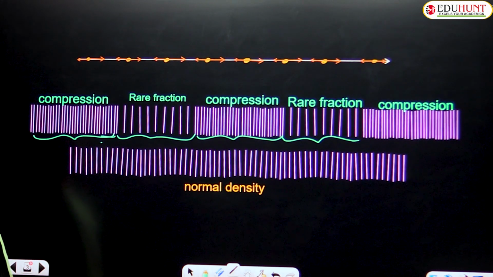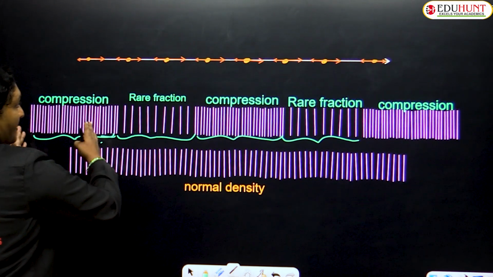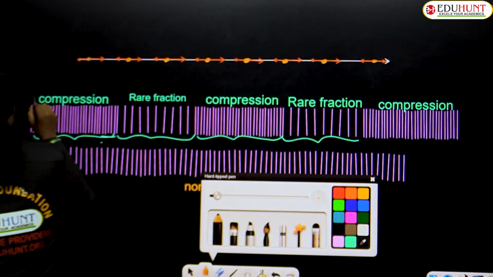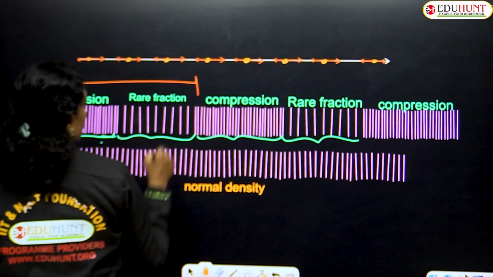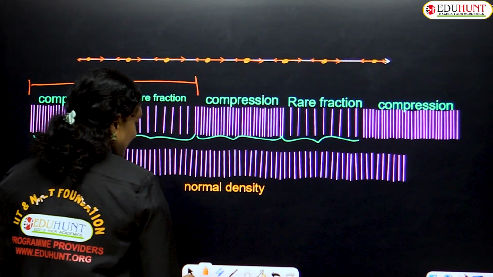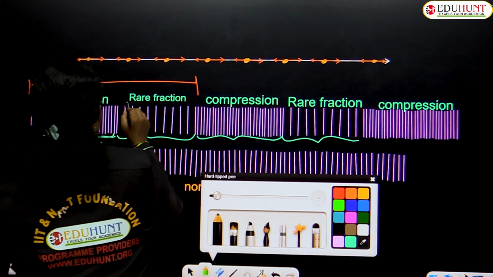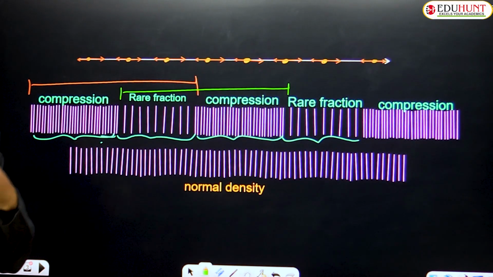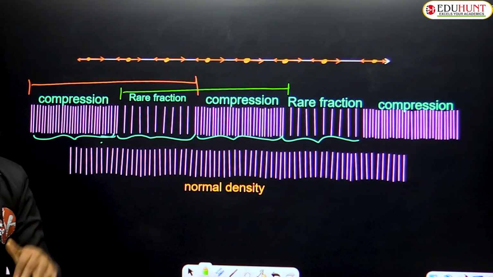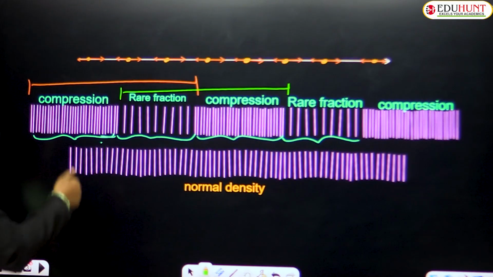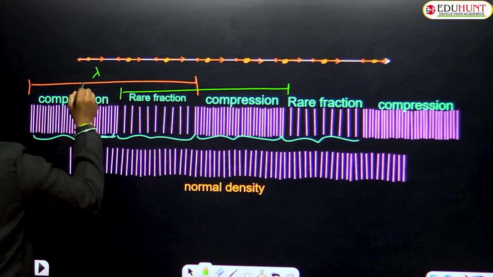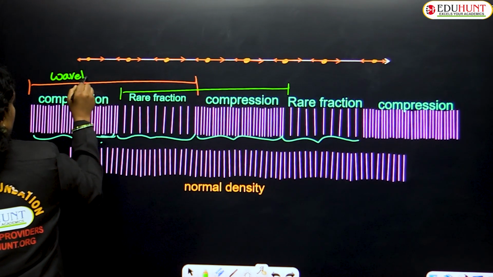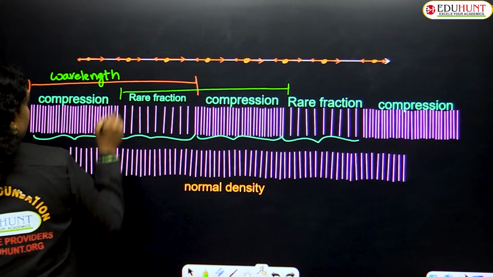Always remember, children, the distance between two successive compressions, from here to here, or the distance between two successive rarefactions, from here to here, is always equal, and it is equal to a wavelength. It is indicated with the letter lambda.